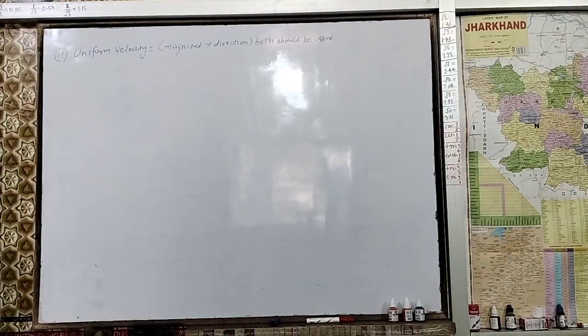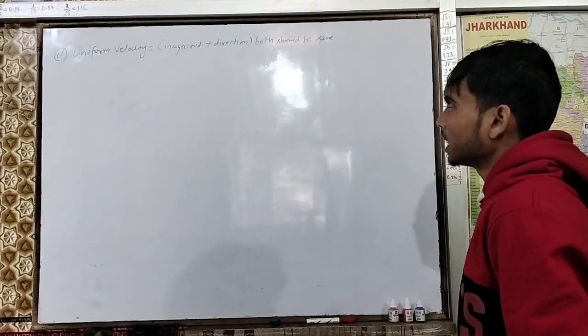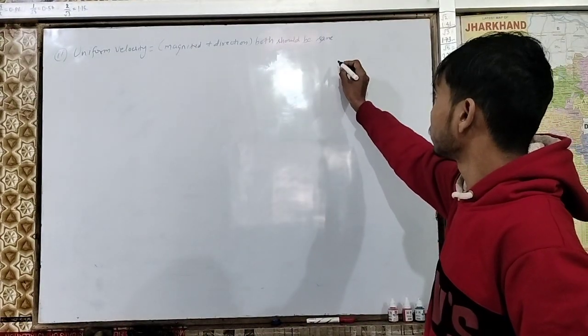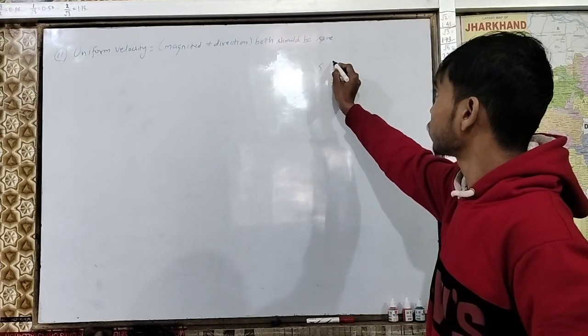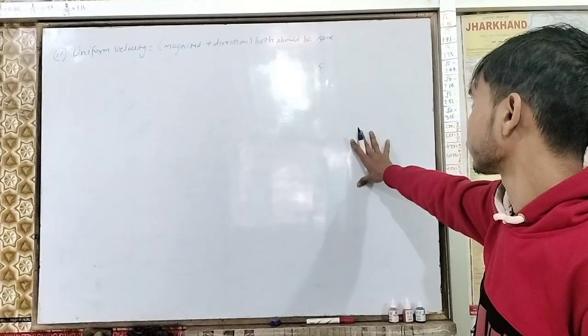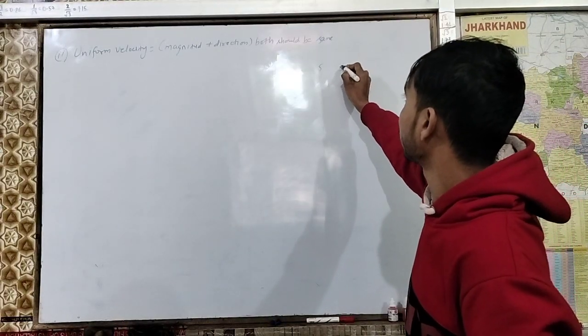It means the direction and velocity are the same. If this is 5 meter per second, then again over here this should be 5 meter per second.